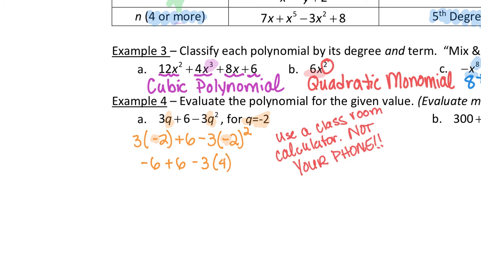That will give me a positive 4. Following my order of operations, I can't do any of that addition yet, but 3 times 4 is 12. Negative 6 plus 6, those will cancel, and I'll be left with negative 12. You can also do that on a calculator, and I know I'm definitely going to do the next problem with my calculator.